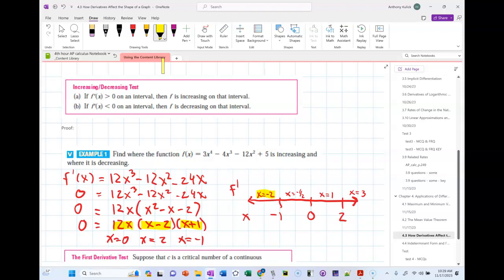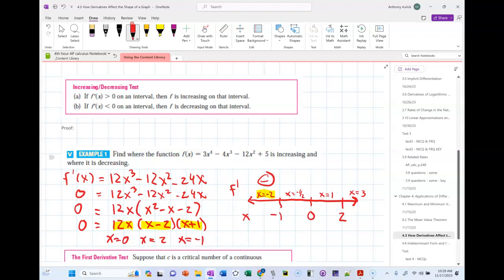So when I plug into 12x, I get a negative. I plug into x minus 2, I get a negative. I plug into x plus 1, I get a negative. The product of three negatives is negative. I'll do the same thing with negative 1/2. When I plug into 12x, negative. Plug into x minus 2, negative. Plug into x plus 1, positive.